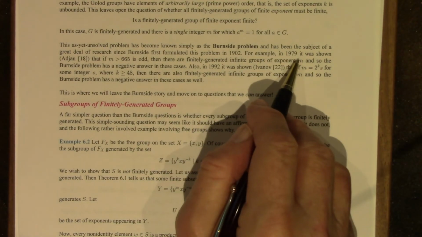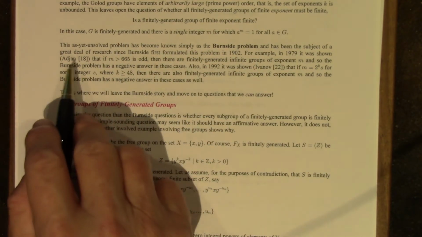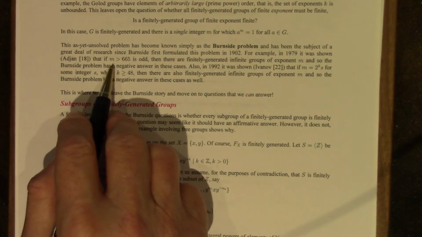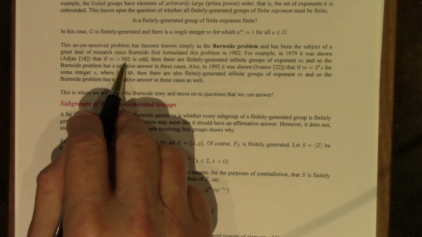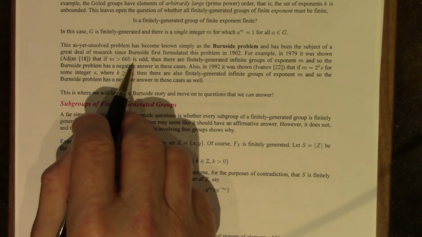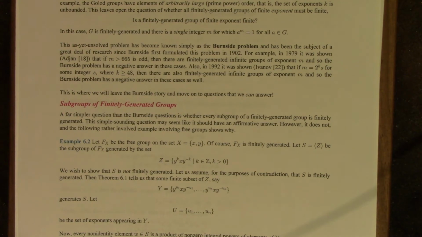For example, in 1979, it was shown that if m is an integer greater than 665 and is odd, then there are finitely generated infinite groups of exponent m. So the Burnside problem has a negative answer in those cases.